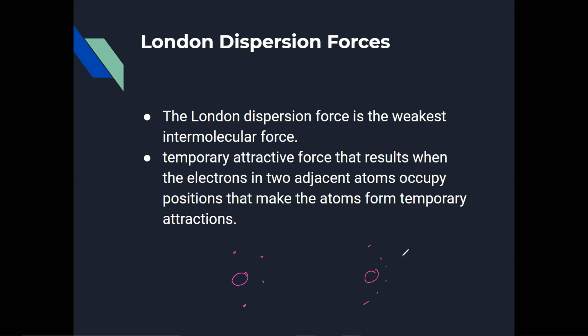When those electrons move into proper positions, there can be attractive forces between different atoms based on the position of their electrons. Those are temporary because electrons are moving all the time. If the electrons move out of the proper position, that attractive force won't be there anymore. So that's what's happening with the London dispersion forces.